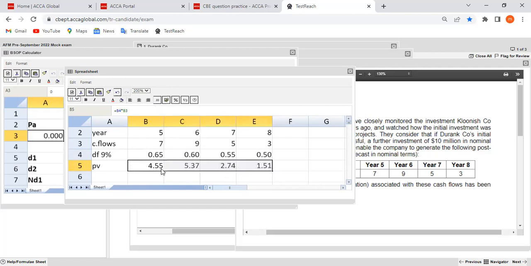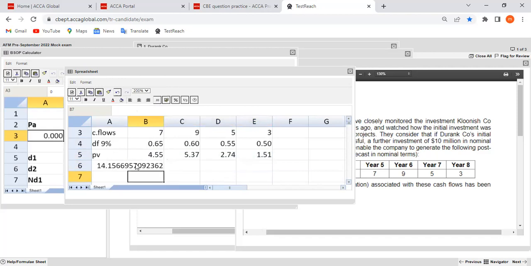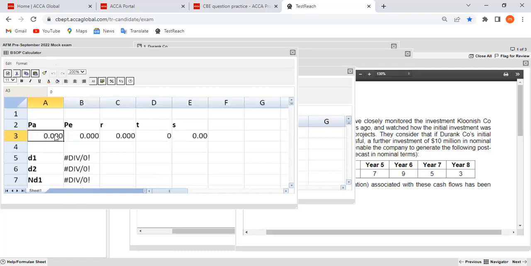This is the present values, and take the sum of this. So this is the initial. How much is it coming, guys? 14.16. What is this? This 14.16 is the PA.